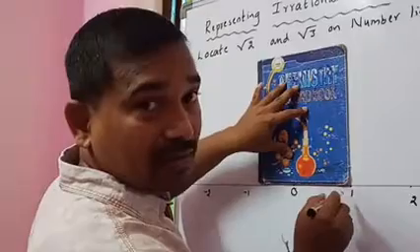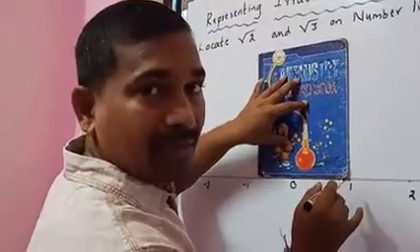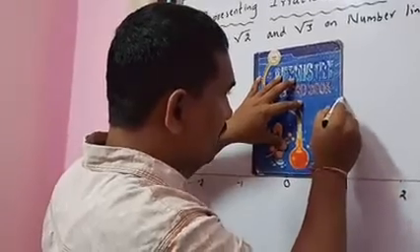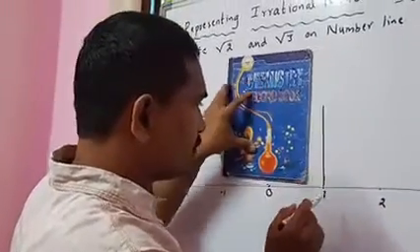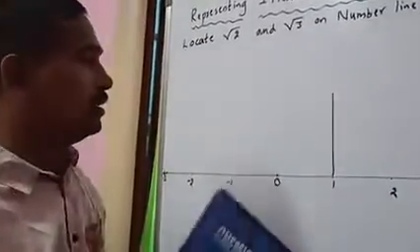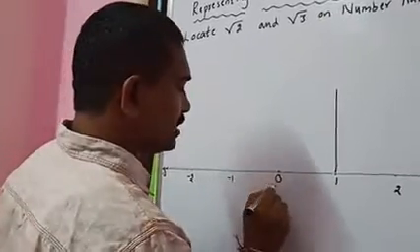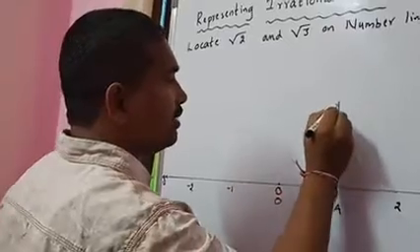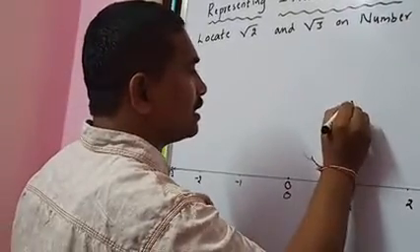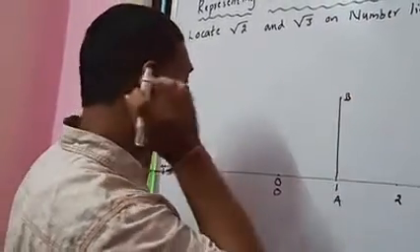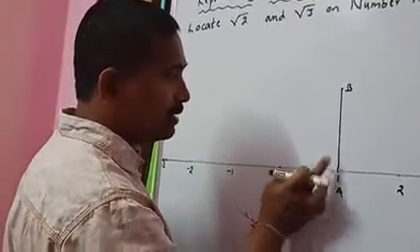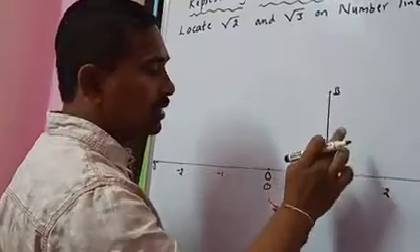Put the set square from your geometry box like this and draw the perpendicular. Then let us take this as O, this as A, and anywhere here let us take B. Here it is 1 unit length. This length should also be 1 unit.